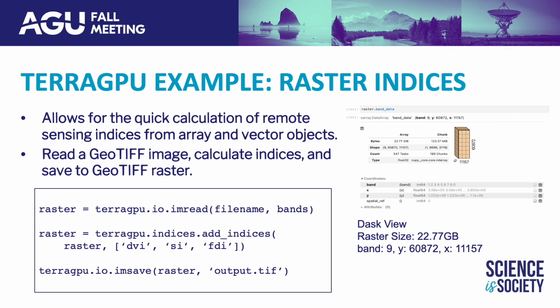We are calculating DVI, SI, and FDI, and then we save the actual calculations. Note how the Dask view in there shows that this is a data array, and it's only consuming 22 gigs of memory.